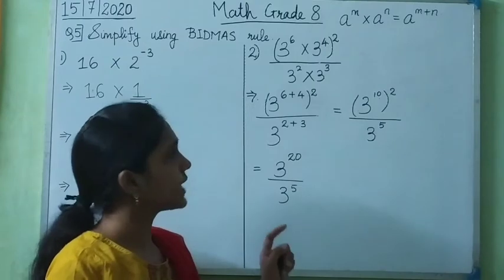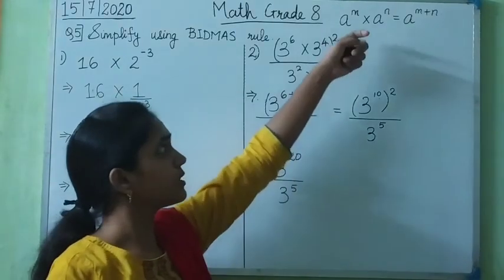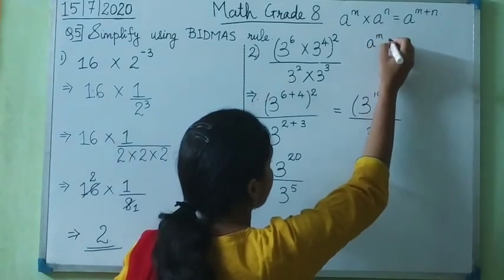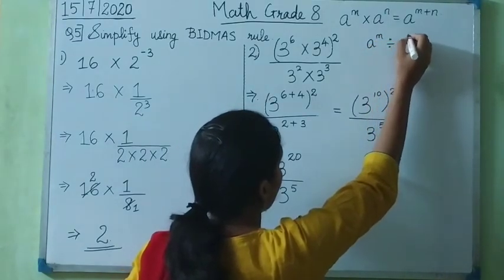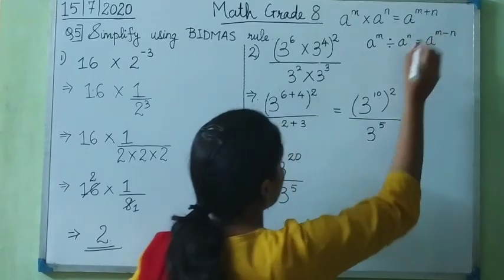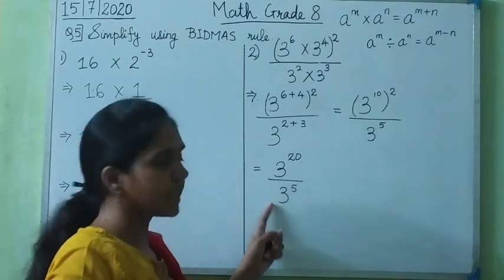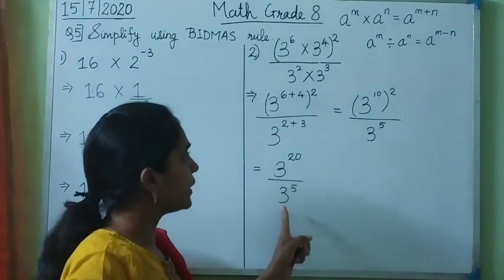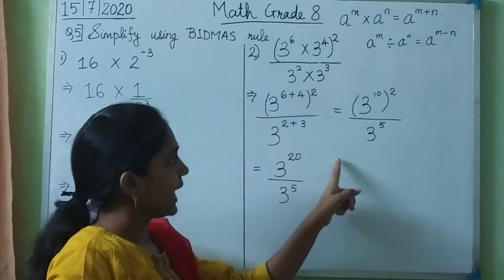Now according to the second law of indices, a raised to m divided by a raised to n is equal to a raised to m minus n. If two numbers have the same bases, different powers, and they are divided, then we subtract their powers.